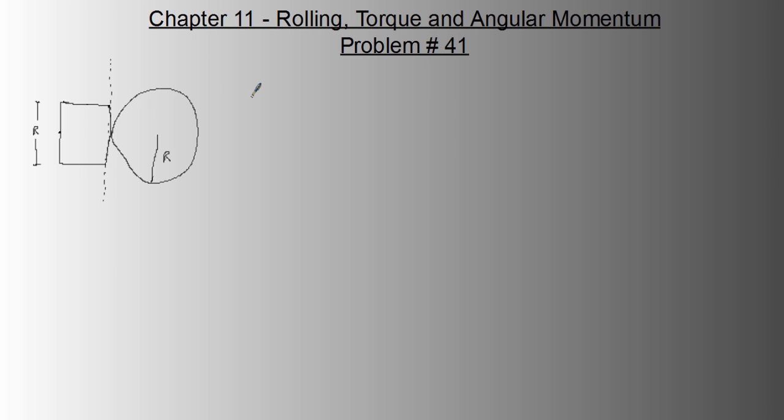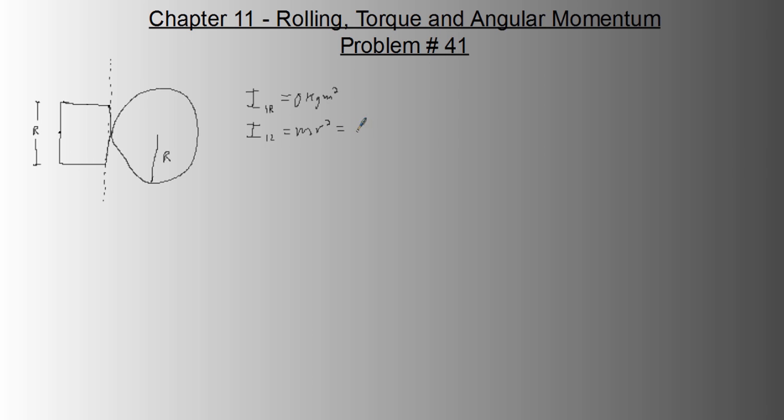So the I of the right square piece is 0 kilogram meters squared. The I of the left straight piece, this one, is just mr squared because you can treat it like a point particle.